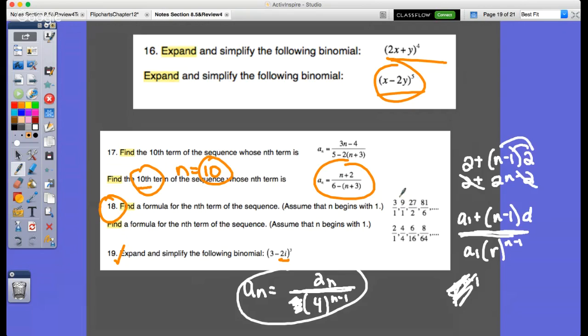On the top side, notice you're multiplying by 3. I would use this geometric formula on the top. On the bottom, because we're multiplying, if you see 1, 1, or you see we multiply by 1, then multiply by 2, then multiply by 3, remember the formula of the factorial, n factorial. This means that if I were to plug in 1, I would get 1.